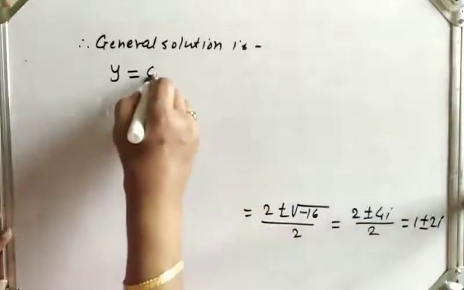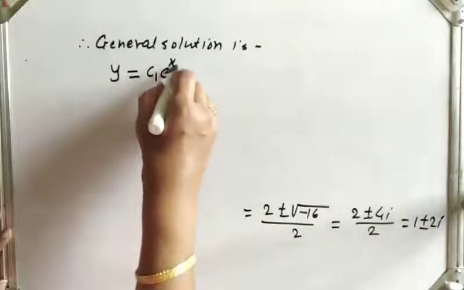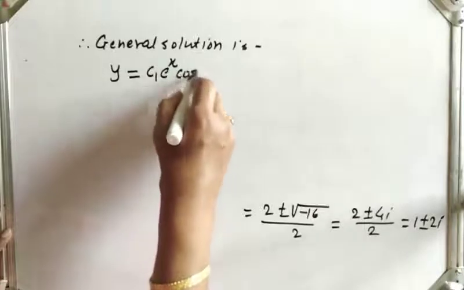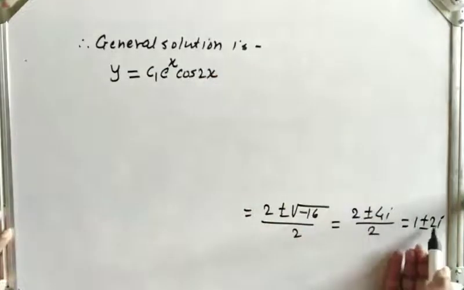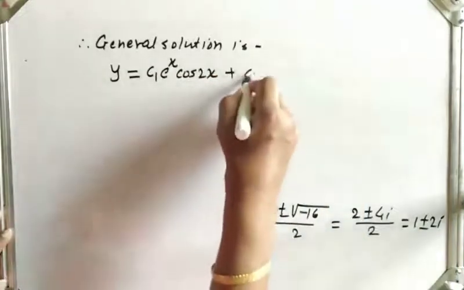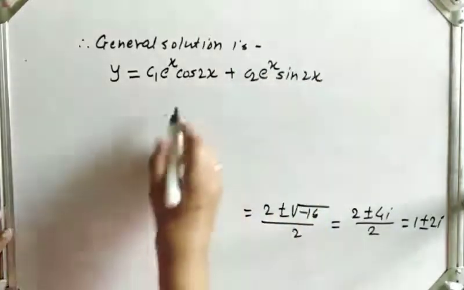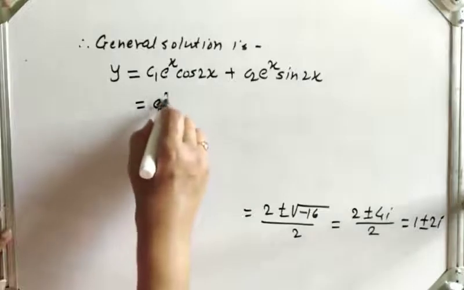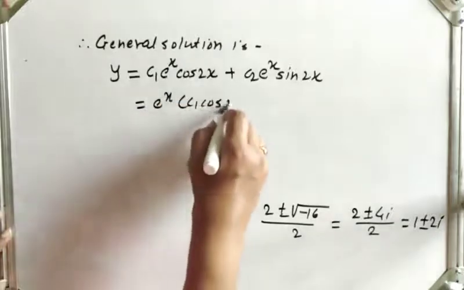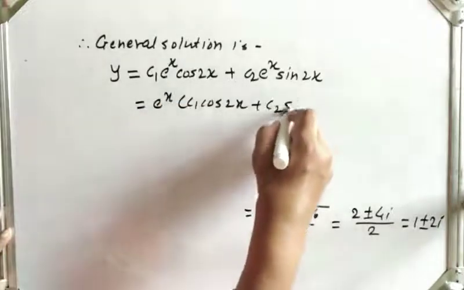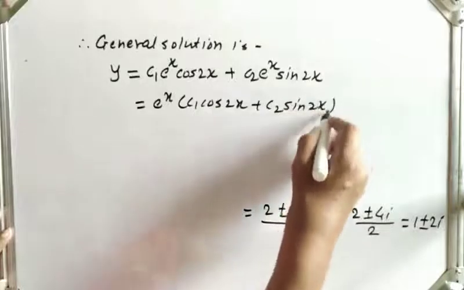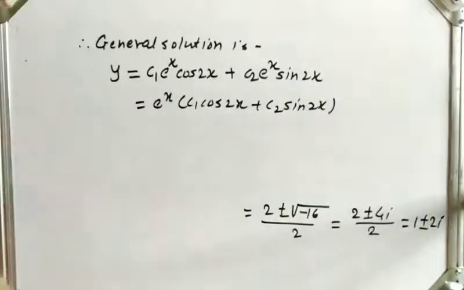So c1 e raised to 1 into x cos of 2x, because imaginary part is 2, plus c2 e raised to x sin of 2x. We can write it as, taking e raised to x common, c1 cos 2x plus c2 sin 2x. That is general solution.